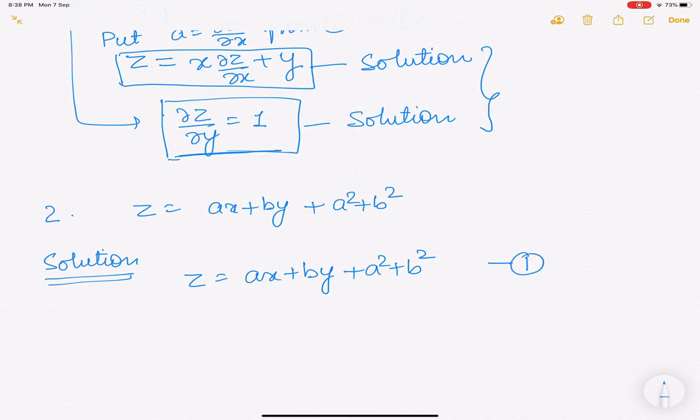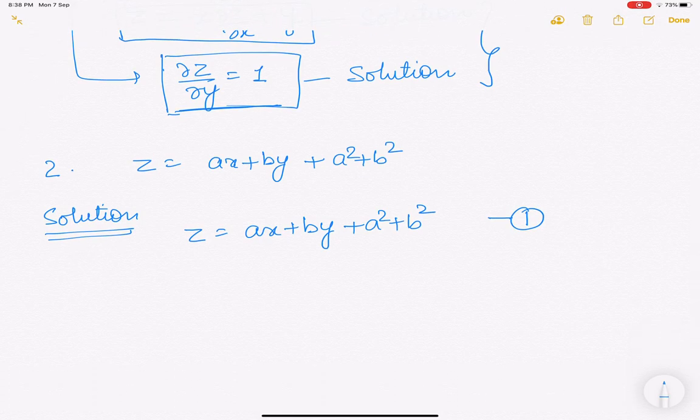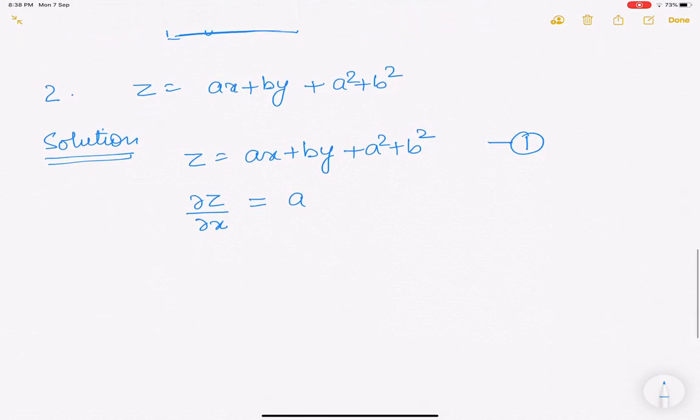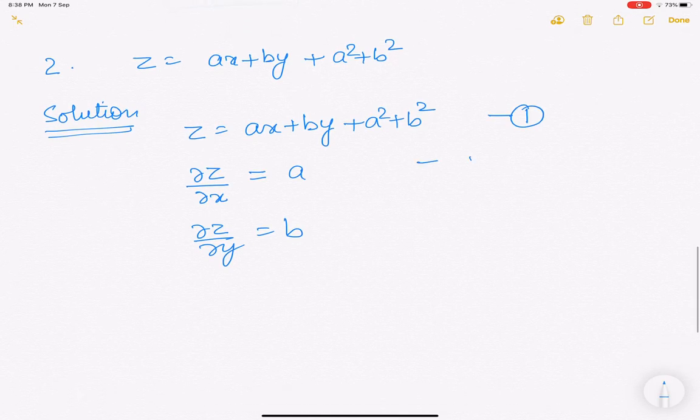Let us name this as equation number 1, and then as the working rule says, differentiate this partially with respect to x and y. Differentiating partially with respect to x, we get a, and on differentiating partially with respect to y, we get b.